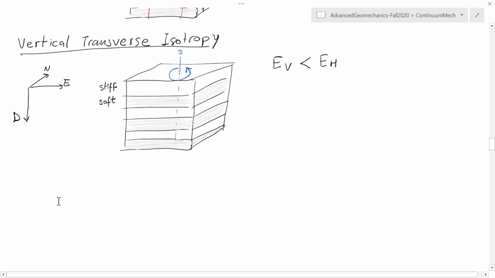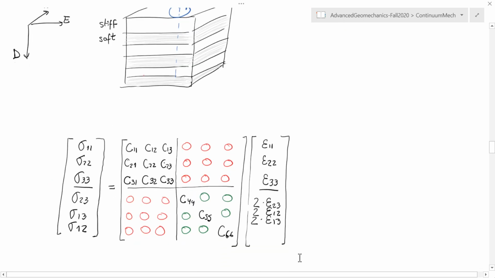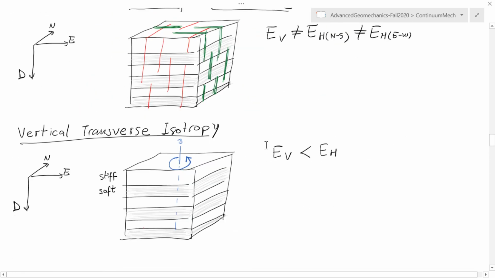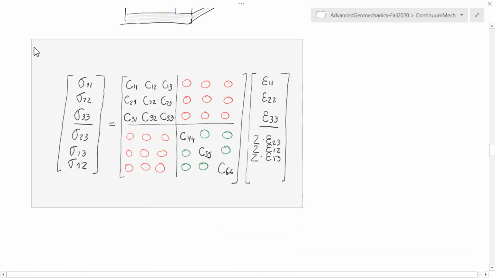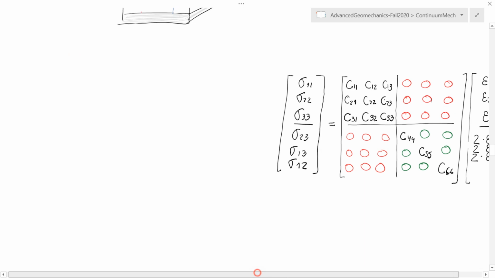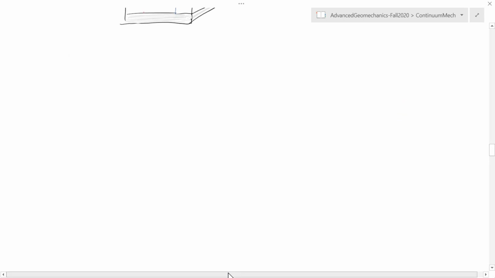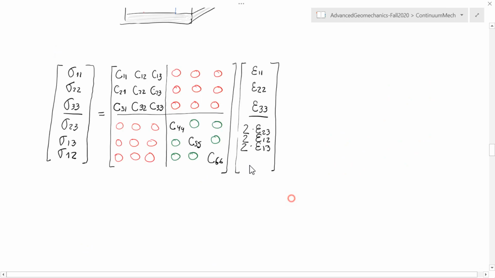For vertical transverse isotropy, I have to reorganize this a little bit.